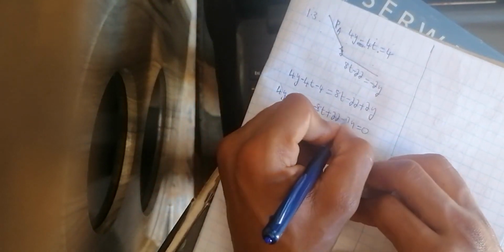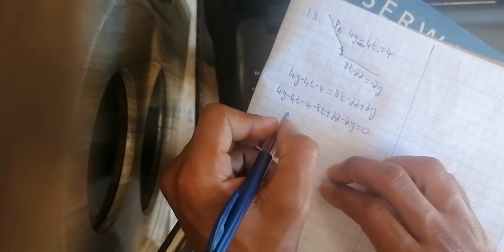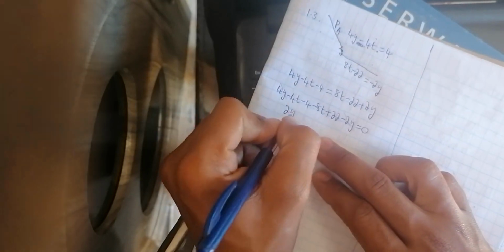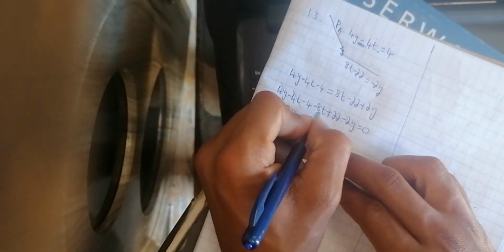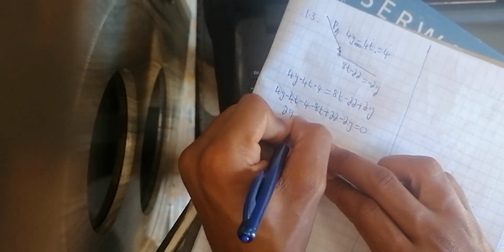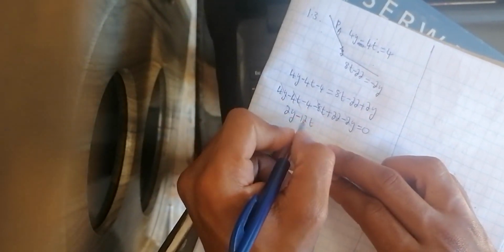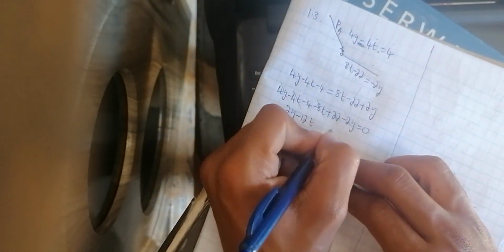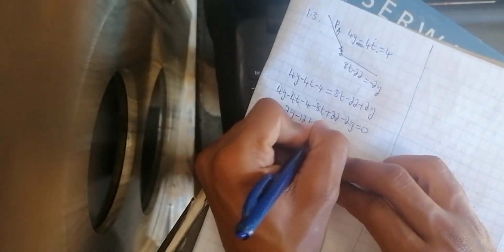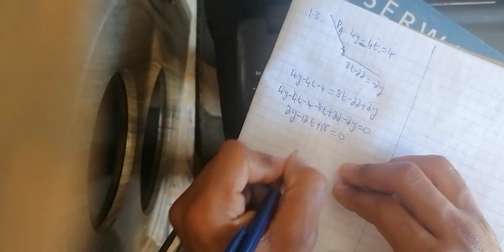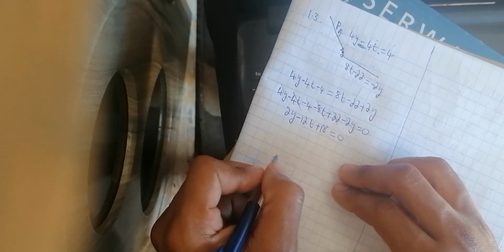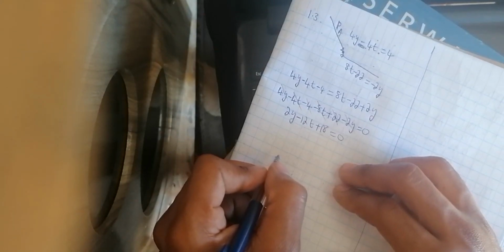And then 4y minus 2y, that is 2y, minus 4t minus 8t, that is minus 12t, minus 4 plus 22 is 18, equals 0.